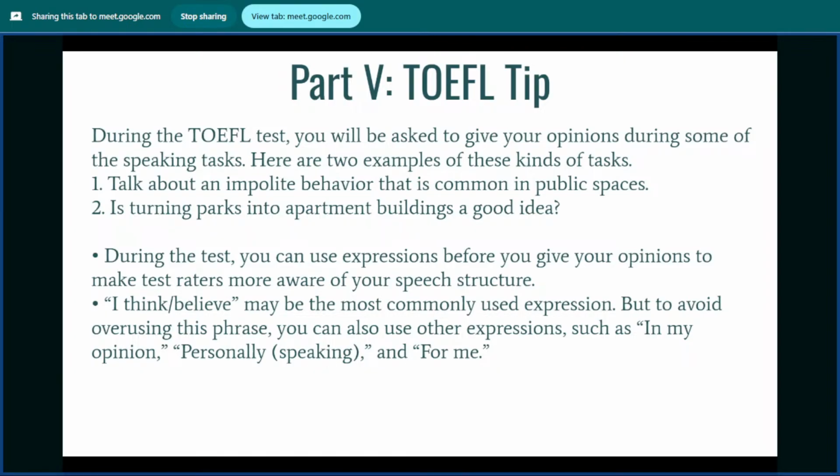Okay, personally speaking, I have not recently seen any impolite behavior, but when I was a kid, I used to see impolite behavior that is common in public places, mainly when we used to go to movies, and when we used to visit parks.